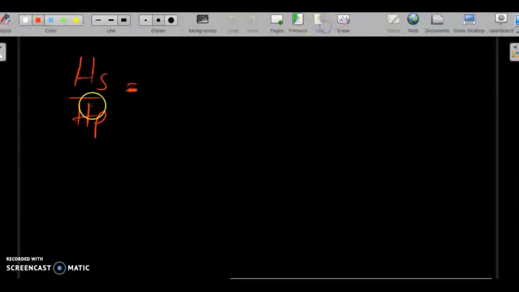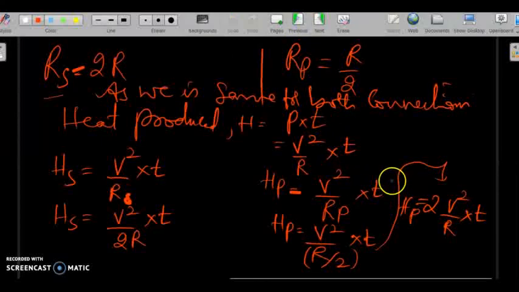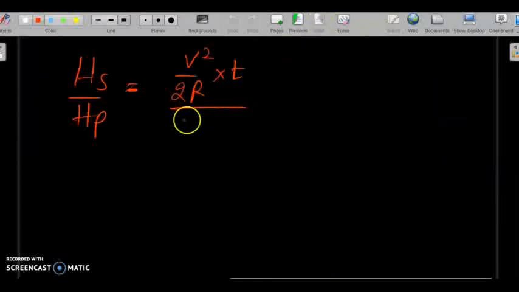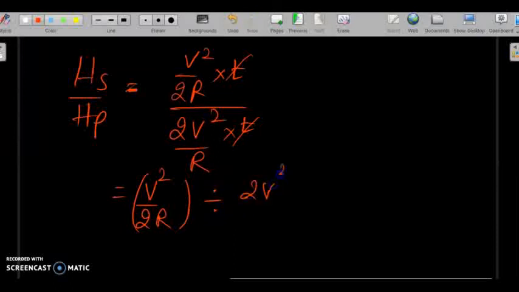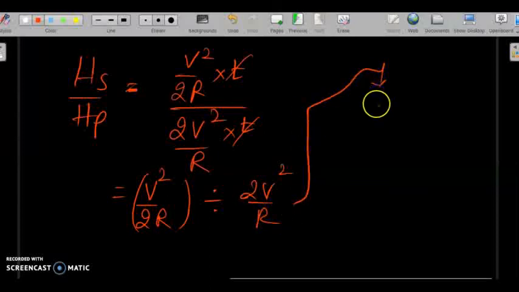So V square by 2R divided by 2V square by R. I'm doing it so that you understand it.